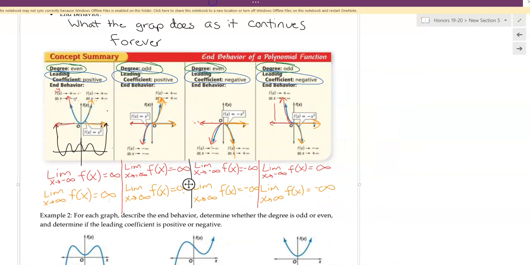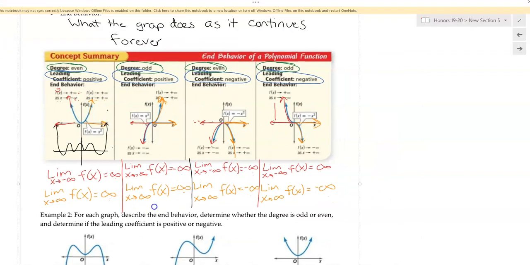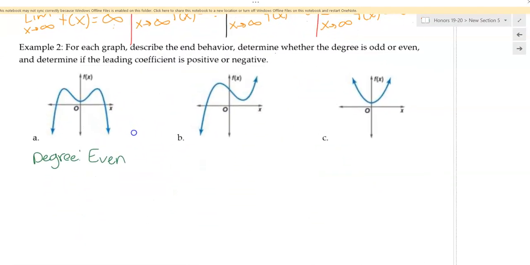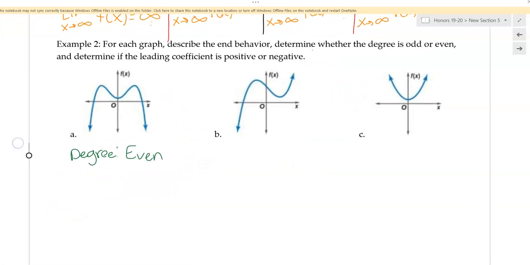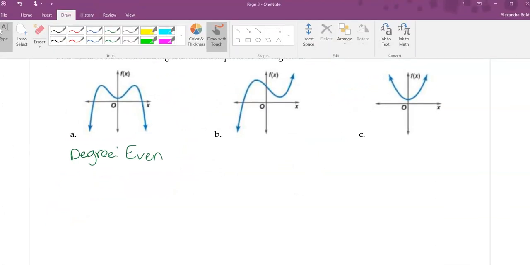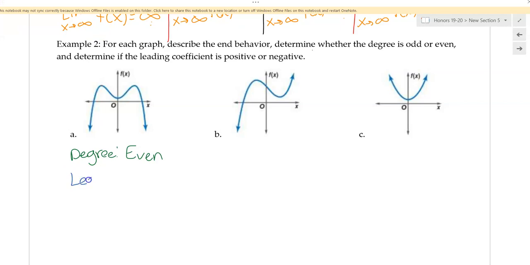Okay? That's how I decide if it's positive or negative. So if I look at this one, my leading coefficient, right? My right side is going down towards negatives, so it's negative.